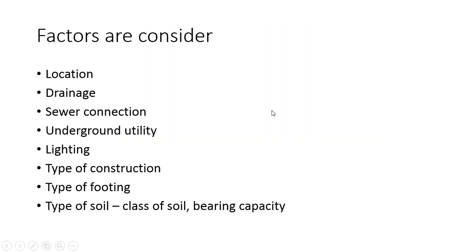for that, before we get to the earthwork quantity calculation for construction of footing, we need to consider a few factors which are given here. That is location and drainage.